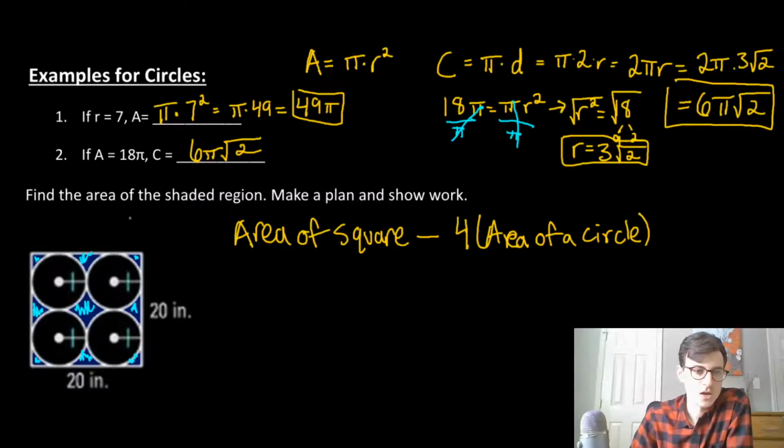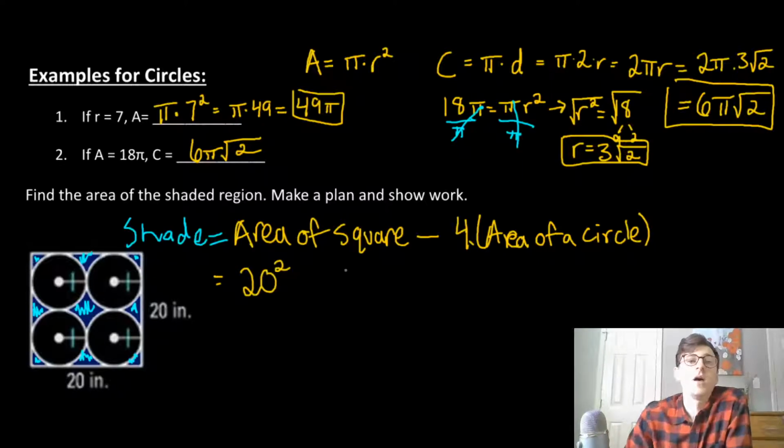So shaded, we'll just call it shade so I don't have to write too much. The shaded area is the area of the square minus the 4 of those circles. Okay, so the area of a square, hopefully that's pretty intuitive, right? 20 and 20. So that's 20 squared.